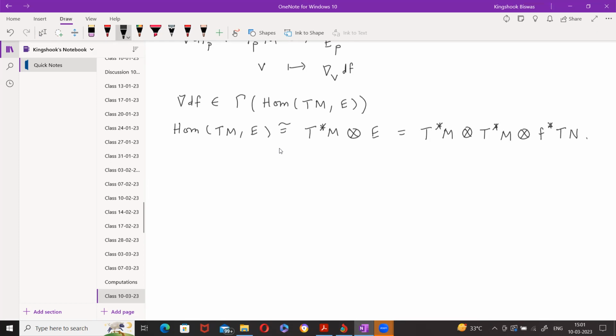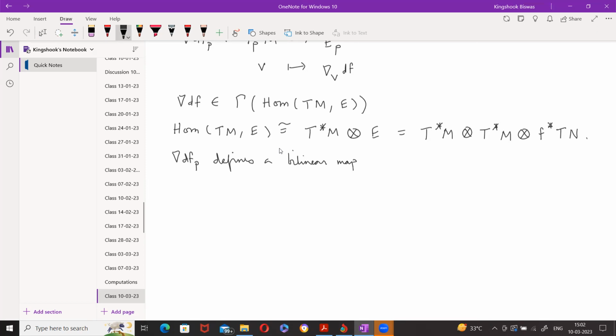So nabla df at P defines a bilinear map. So this is the bilinear map that we were wanting. This is the analog of the Hessian.